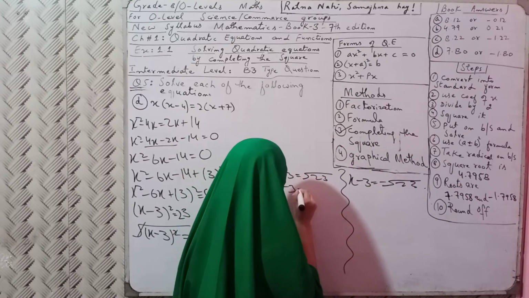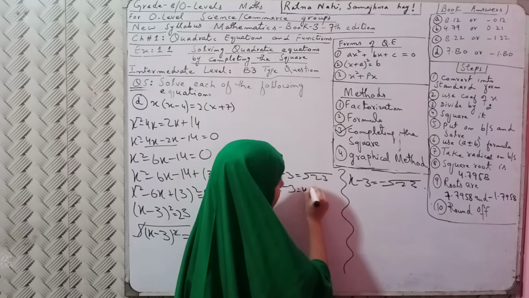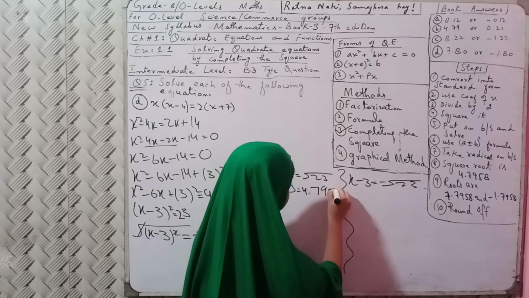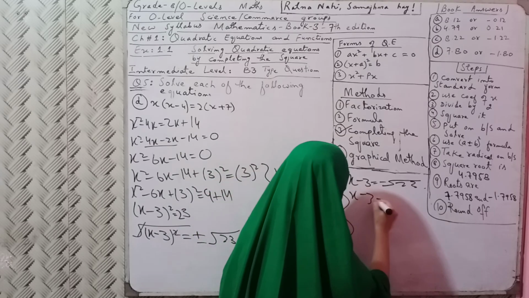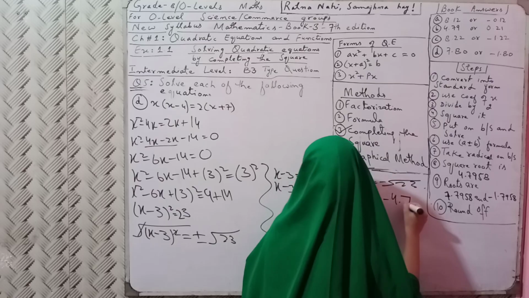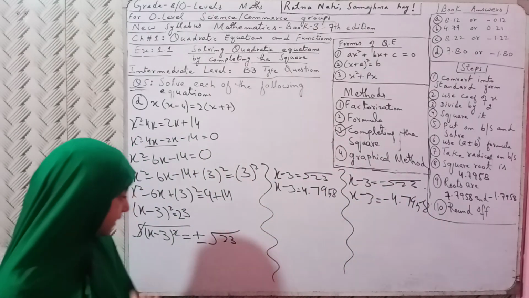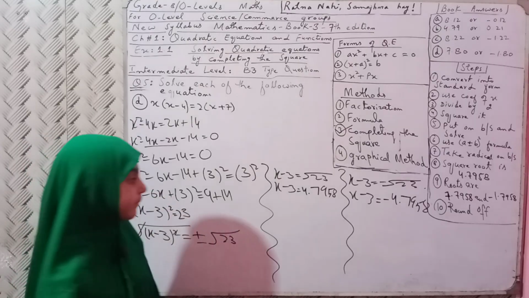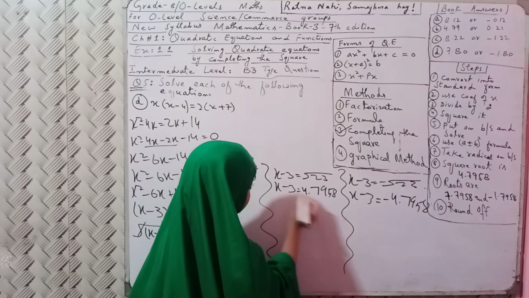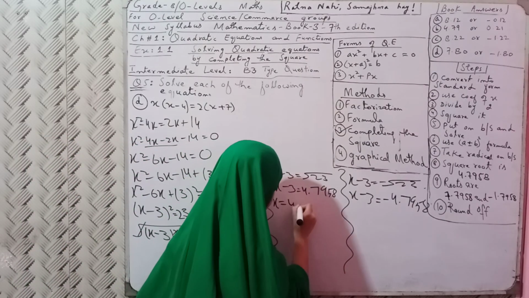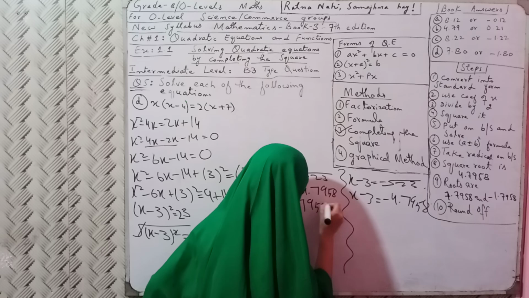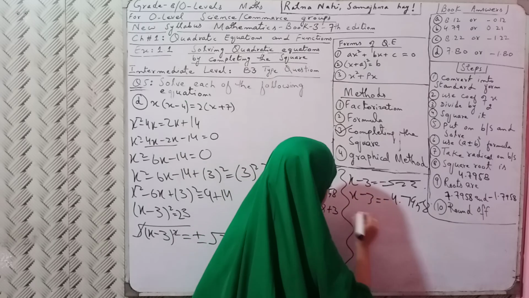So x minus 3 is equal to 4.7958, and x minus 3 is equal to minus 4.7958. I am solving both of these at one time. So this will go there and this will go there.